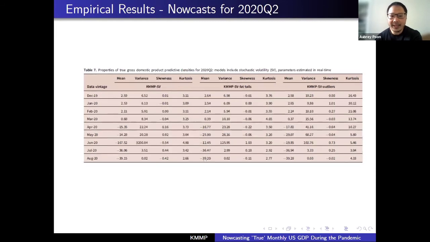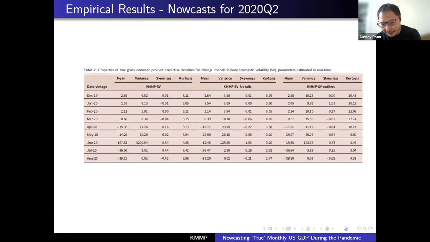And so basically, this is the same thing, nowcast for 2020 Q2 for true GDP, but now we incorporate stochastic volatility in the model. So this is just our original model with SV errors. This is our original model with SV fat tails, and then the SV outlier adjusted errors. Similarly, one thing, the June variance, especially for the SV, goes quite crazy.